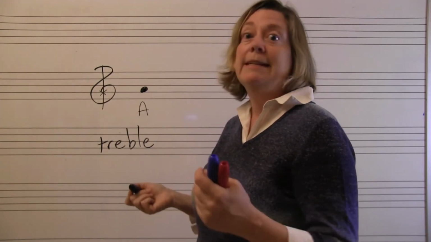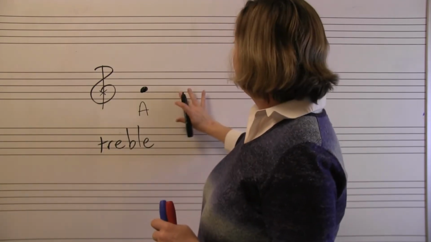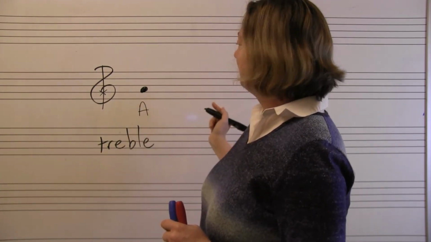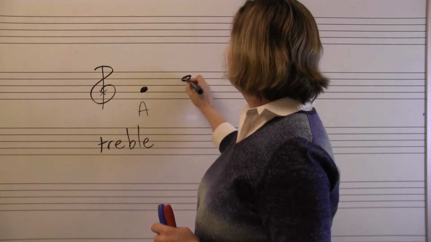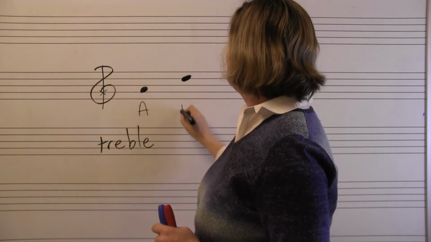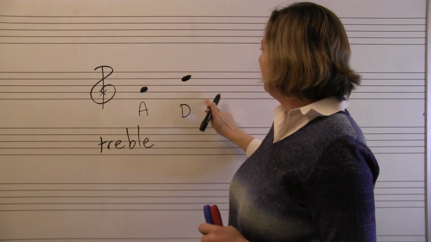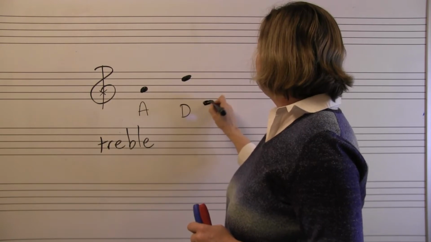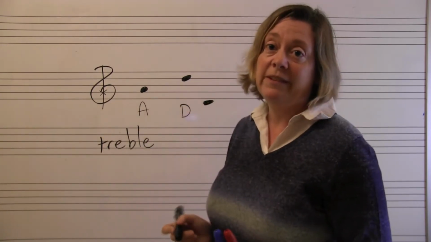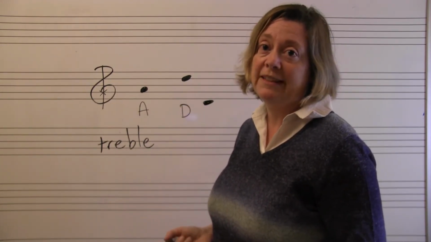How about D? Where's D going to be? Couple choices. D could be on this line. But also D is right here below the staff. So there's 2 places for D at least. One's higher than the other, but they're both D.